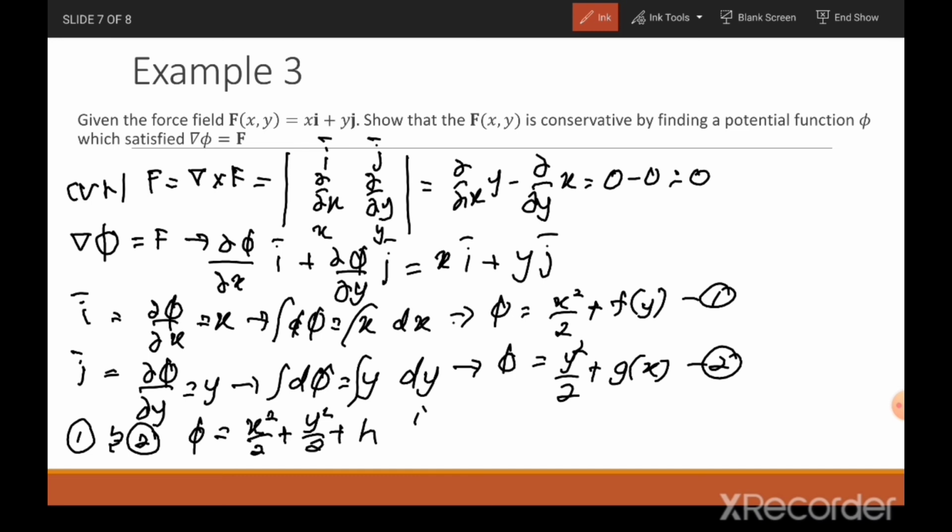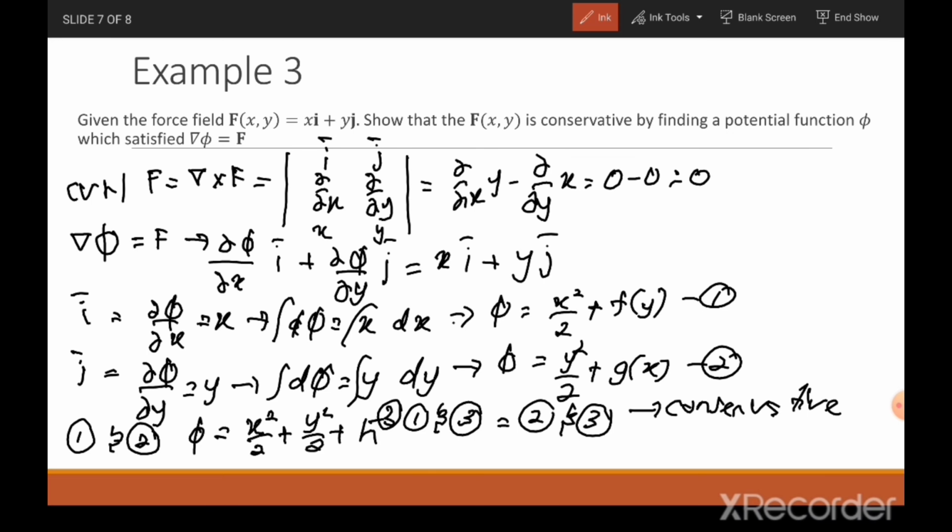Okay, then we compare lah, 1 and 3. Okay, this equation for 3 lah. Is it similar with 2 and 3? So if similar, this is the conservative. Okay, if not similar, that is not the conservative.